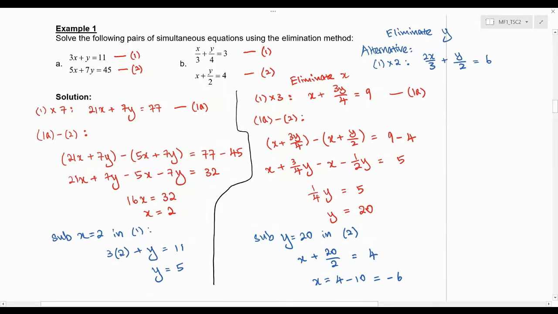So my x is negative 6. For practice, you might want to attempt the alternative to eliminate the y on your own.